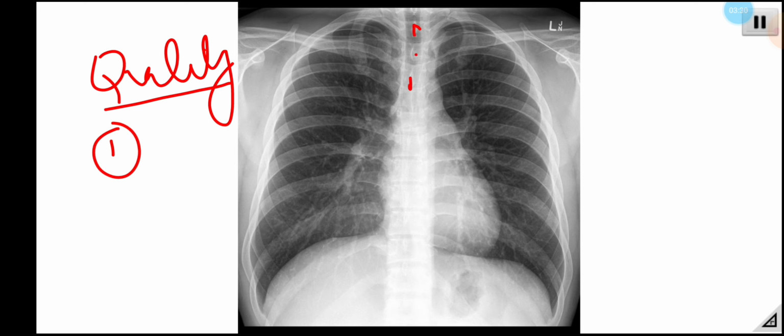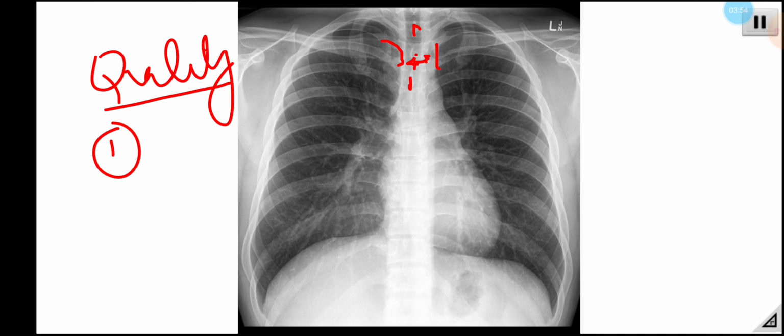You can see the trachea and the spinous processes over here. This is the medial end of the clavicle. The spinous processes should be halfway between the medial ends of the clavicles.